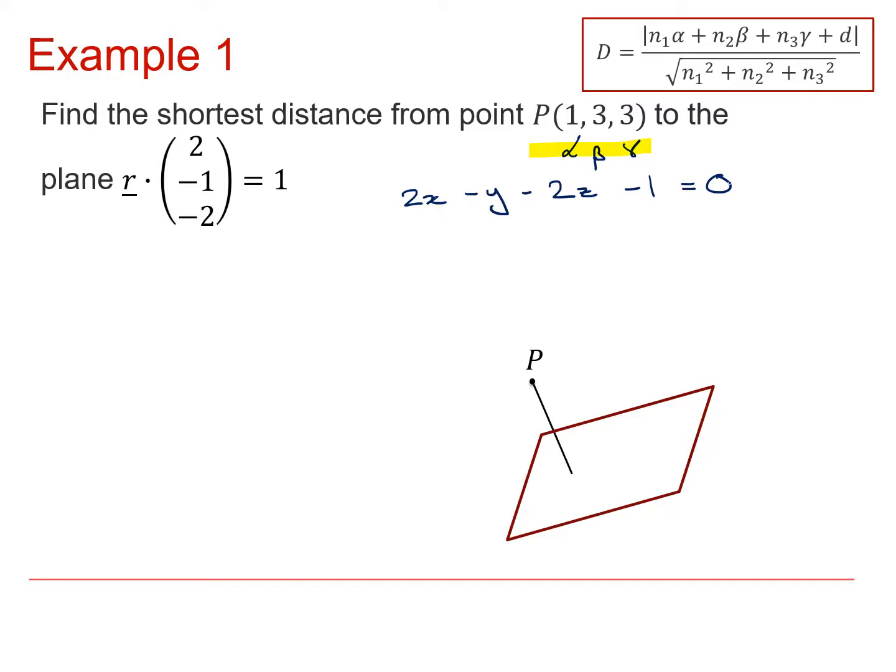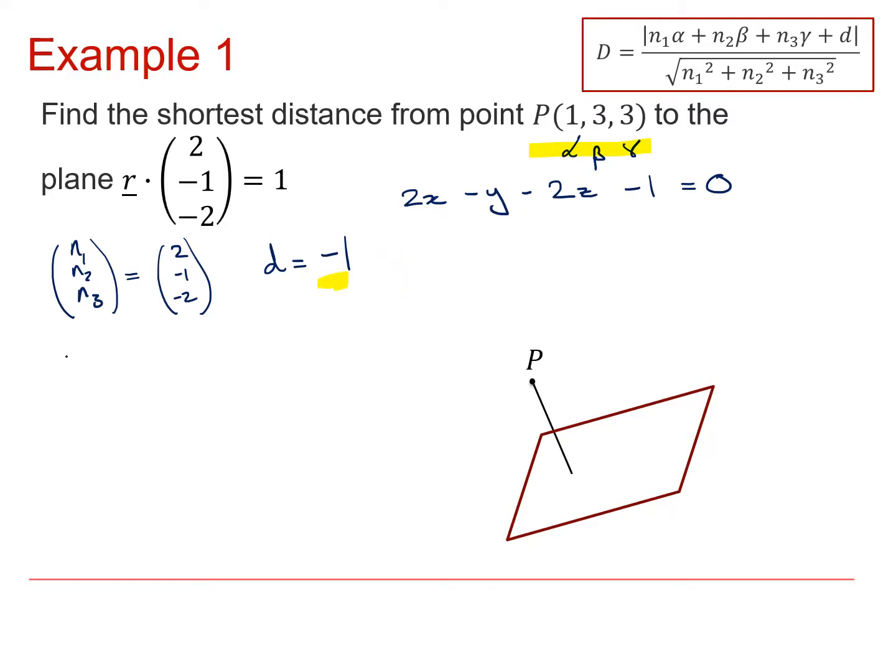So by rewriting it into the form that you expect from the formula book, you can extract n1, n2, and n3, which we know is just that normal vector. But you can also correctly extract d is minus 1, and it's that minus 1 that we want to ensure.